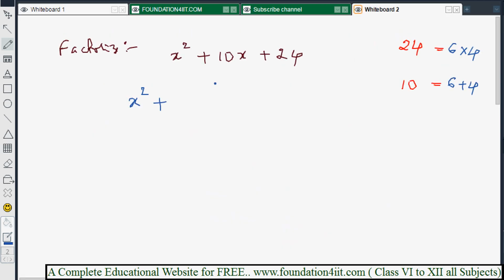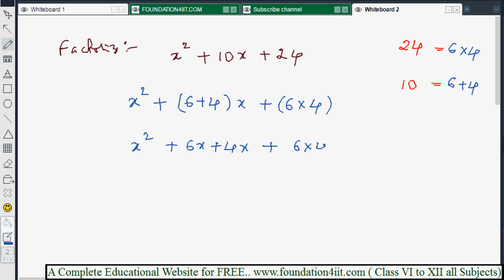So 10 I can write as 6 plus 4, x, plus in the place of 24, 6 into 4. Now split this separately: x square plus 6x plus 4x plus 6 into 4.